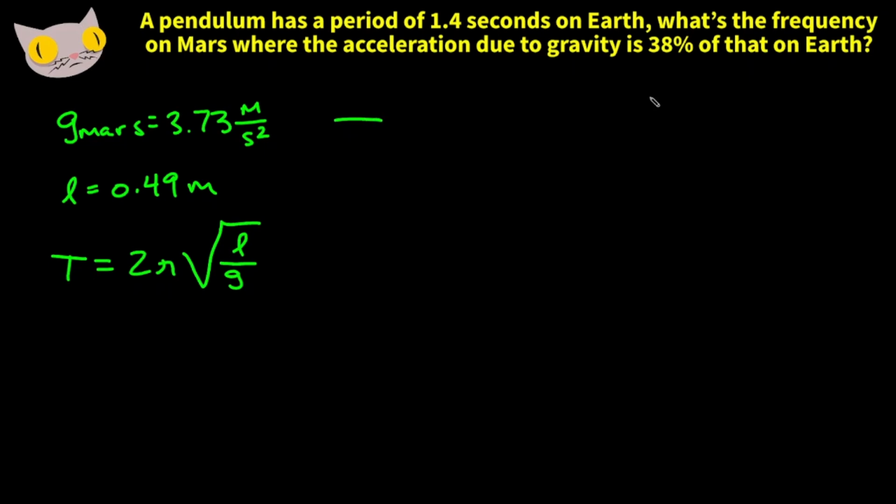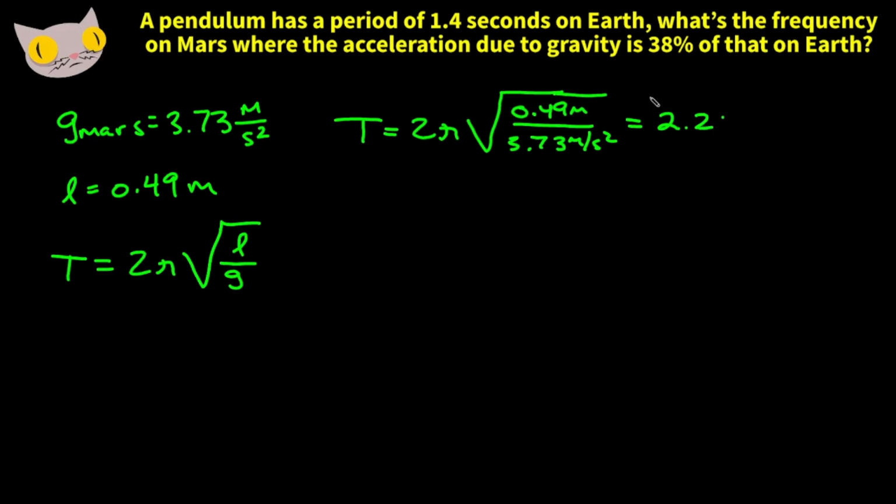So T is equal to 2 pi square root 0.49 meters over 3.73 meters per second squared, and that's going to give us 2.28 seconds.